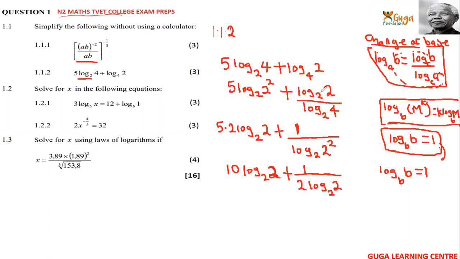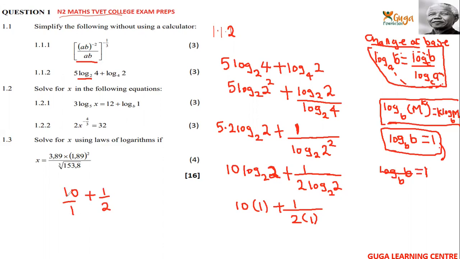Like what we did here, the very same rule we used here. So you're going to have 10 log 2 is 1, plus 1 all over by 2 log 2 should be 1. So here you're going to have 10 over 1 plus 1 over 2 multiplied by 1 is 2.